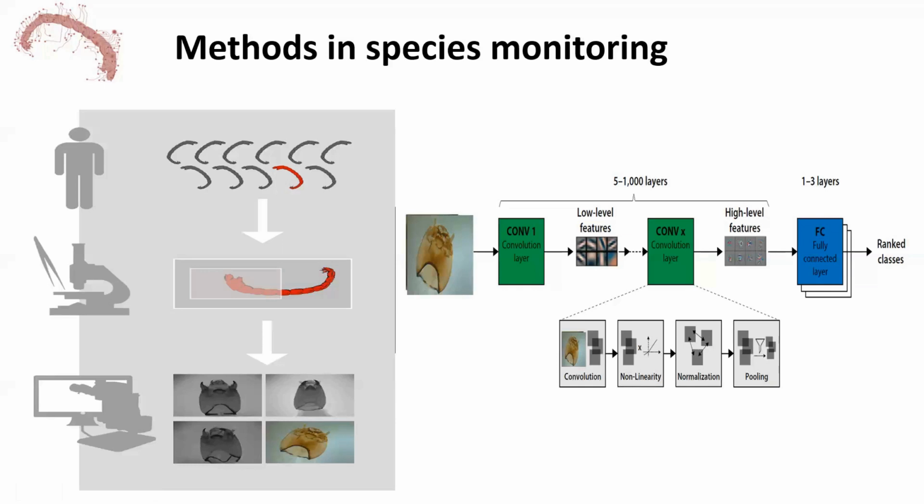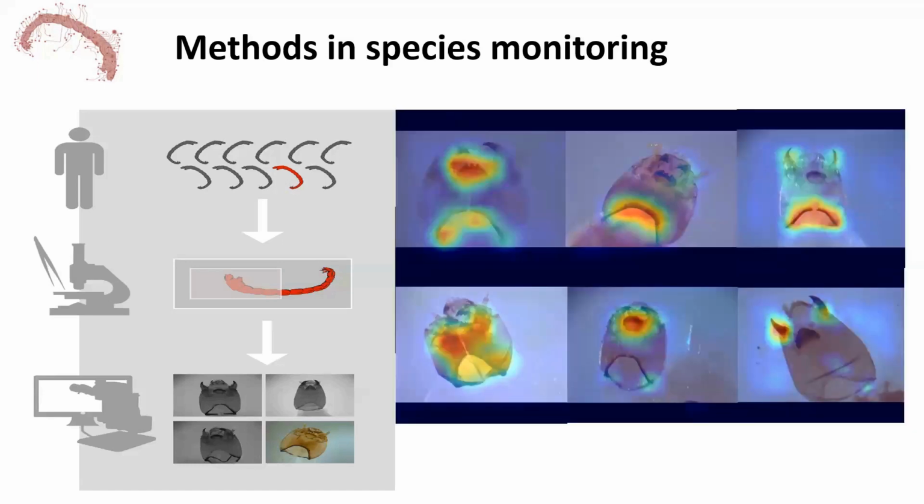We made a network with extremely high level of accuracy, higher than 99.5%, which is fabulous. And we also visualize the inside of the network and reveal which features the network used for decision making, for classification.